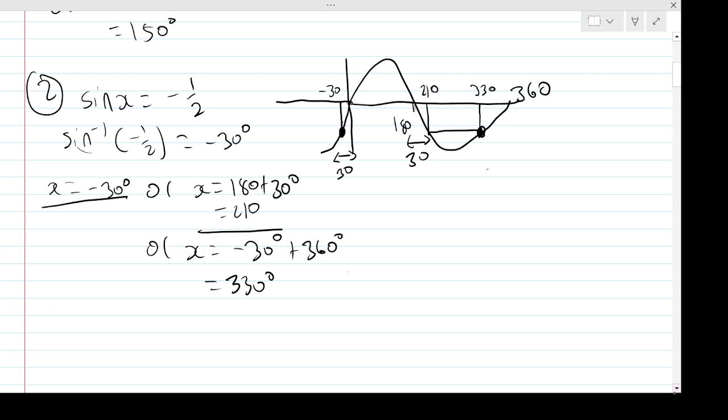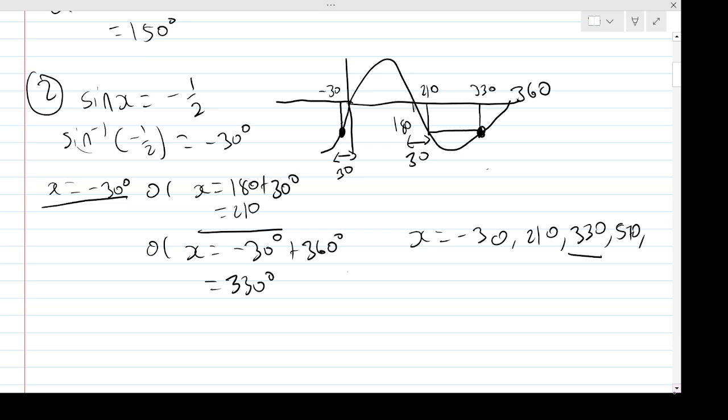My main two solutions are x is minus 30 or 210. To get more solutions after that, I can just add 360 to each number. So minus 30 add 360 is 330. 210 add 360 would be 570. And 330, now I'm adding 360 to 330.